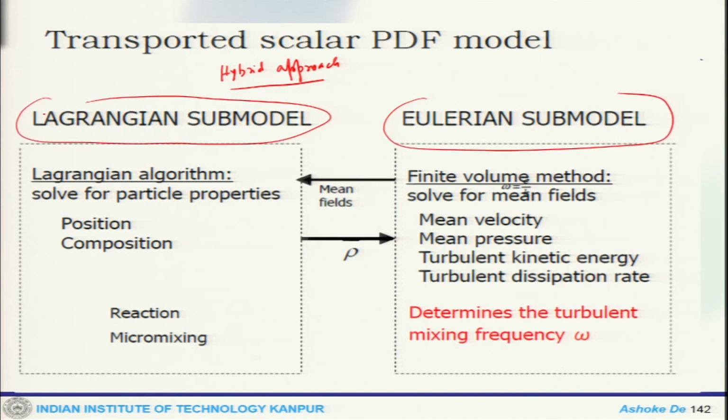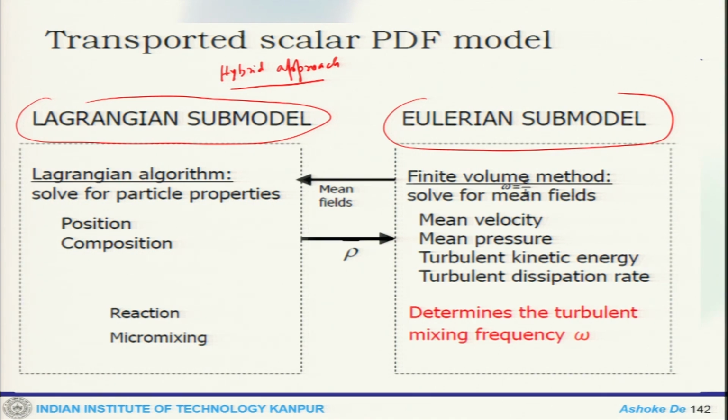The reason is that your PDF transport equation cannot be solved completely in an Eulerian framework, and the preferred or most efficient solution algorithm is the Monte Carlo algorithm, which is a particle based Lagrangian algorithm. This essentially makes this particular approach a hybrid approach.